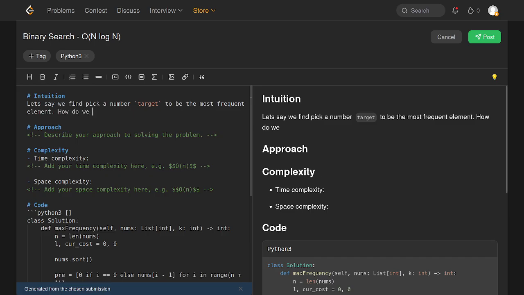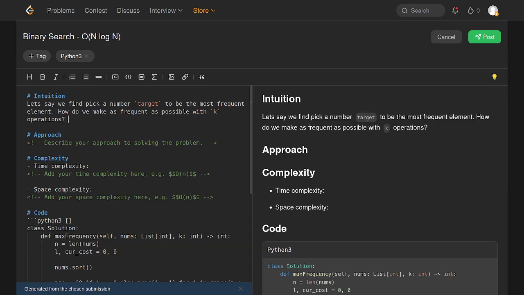How do we verify it, how do we make it as frequent as possible with k operations?